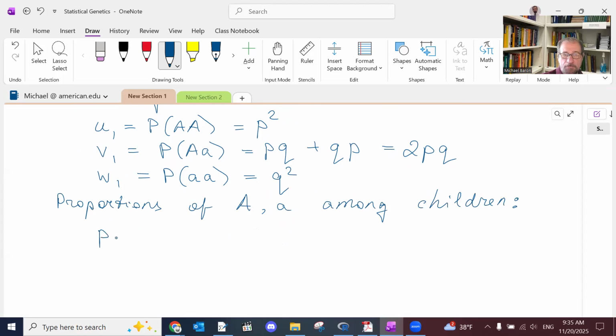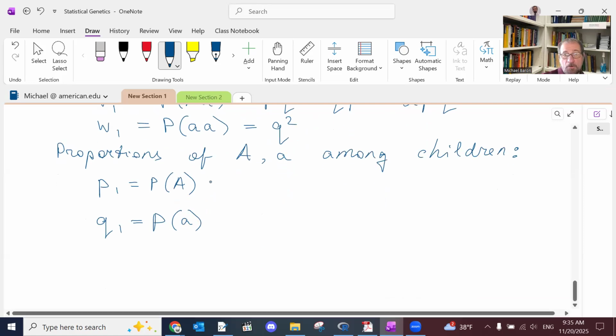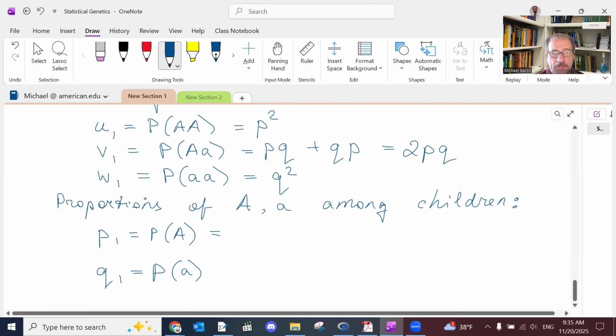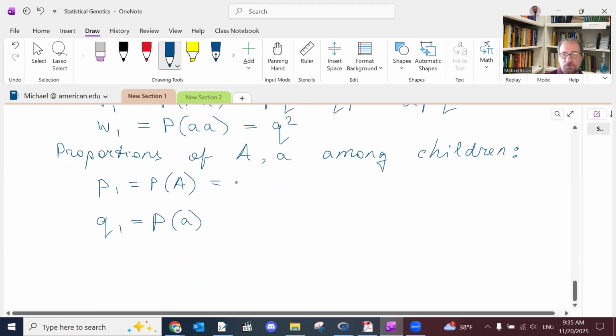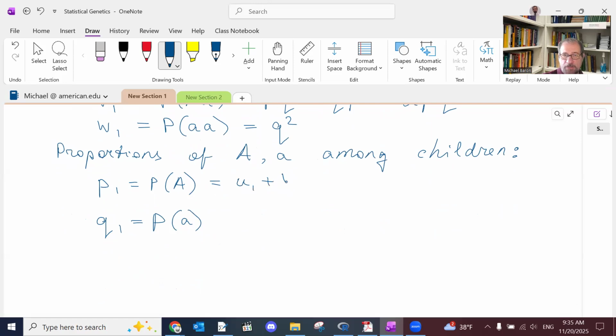That will be P1 and Q1, the proportion of dominant and recessive genes in the population of children. Well, we know the formulas. We already have the distribution of genotypes, and the proportion of dominant genes is U1 in that generation of children, plus half of V1. The proportion of recessive genes is W1 plus the other half of V1.